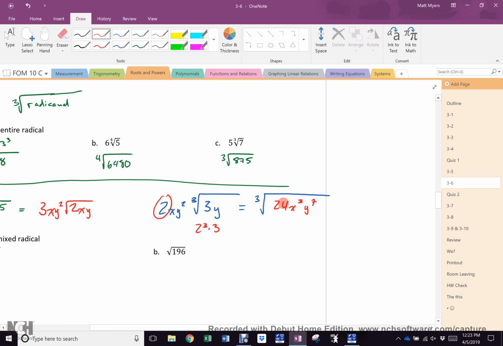Everyone good? If there's 1 x out here, there had to be 3 x's under there. If there's 2 x's out here, 2 y's out here, that means I needed 6 y's under there, plus that 1 to make the 7th. Is everybody good?